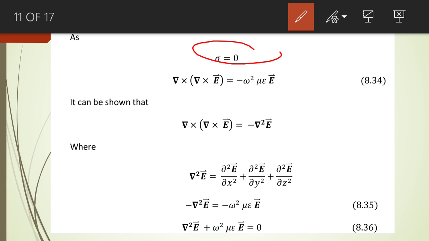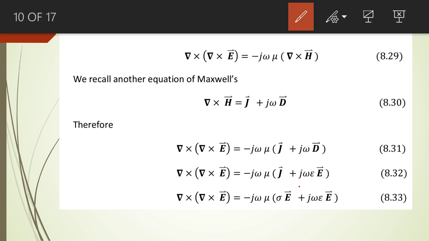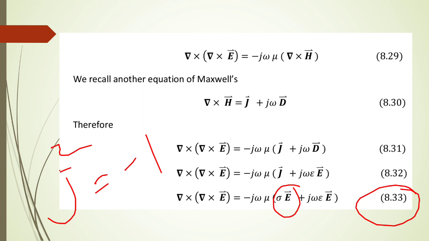You see, the conductivity of the ideal medium is 0. So if you put this value in equation number 8.33, this term will be 0, and we simplify the remaining term. We know that j square is equal to minus 1, so we will replace j square by minus 1 in equation number 8.33.